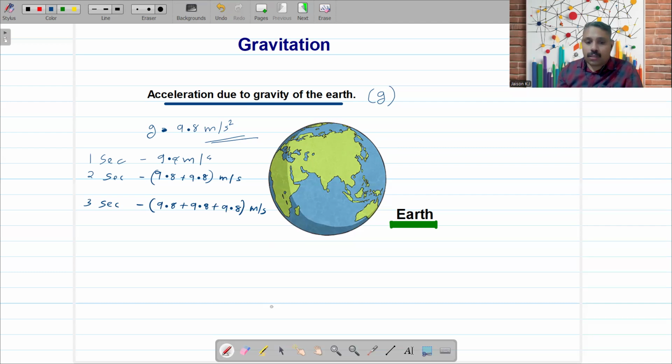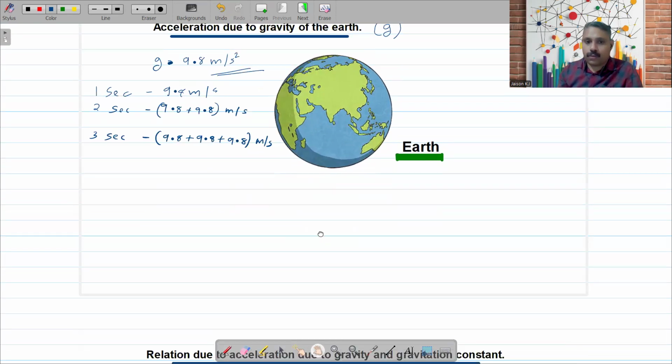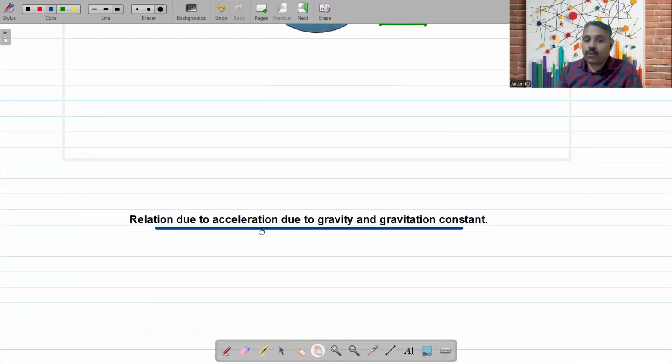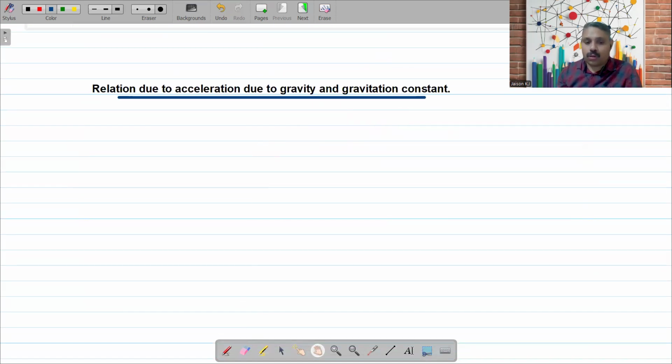Now, we are going to the next topic, the relation between acceleration due to gravity and the gravitational constant. So we know acceleration due to gravity, which is small letter g, and the gravitational constant, which is capital letter G. So the relationship between small g and capital G. Small g is acceleration due to gravity, and capital G is the gravitational constant.